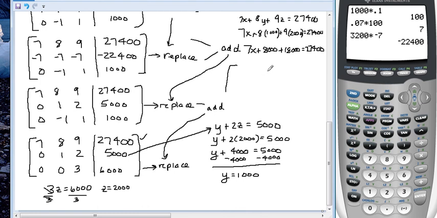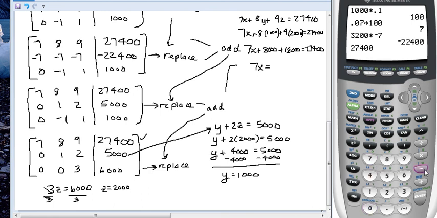Okay? So now I'm going to take these two and subtract them across over here. I'm going to take this 27,400 and subtract off the 8,000 and subtract off the 18,000. So then I'll have 7x is equal to, let's see, 27,400. Since they're both positive on the left, I would subtract them over.